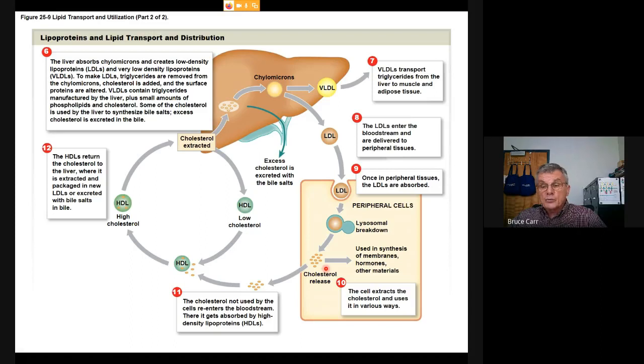You know, we need cholesterol for all our membranes, for making certain hormones and other materials. And the cholesterol that's not used, if there is excess cholesterol in the bloodstream, it gets absorbed by high-density lipoproteins, the so-called HDL, that becomes a part of our lipid balance.